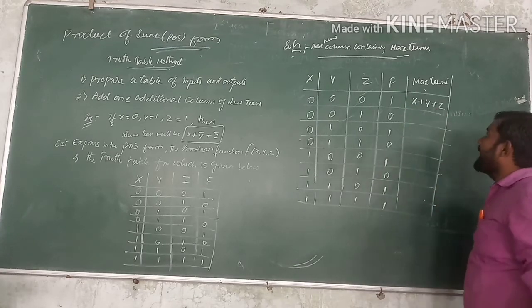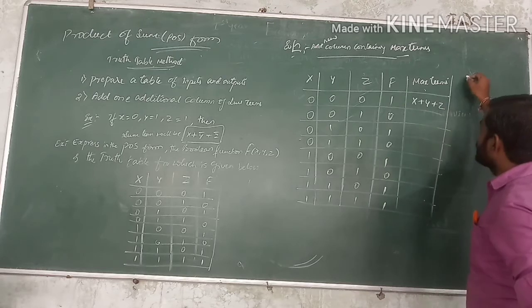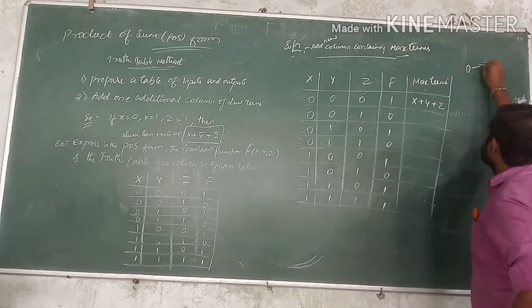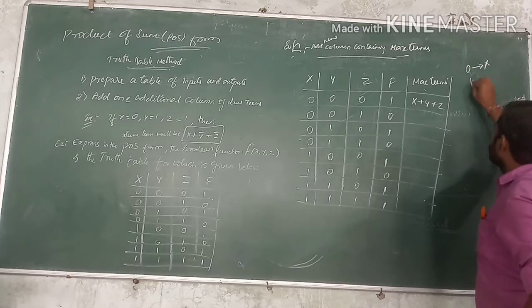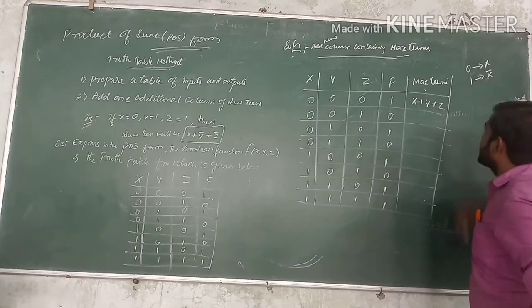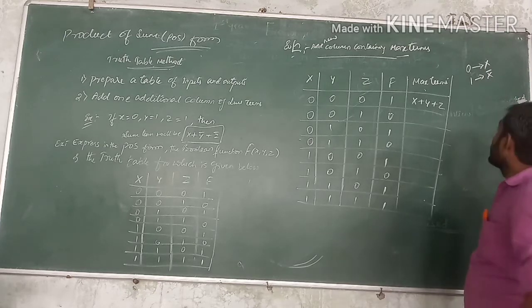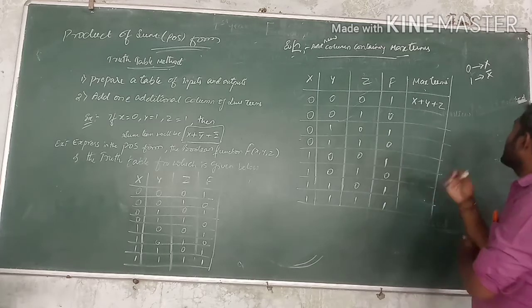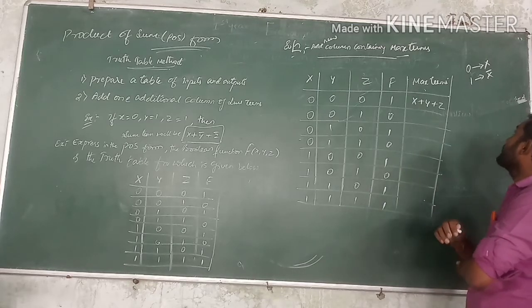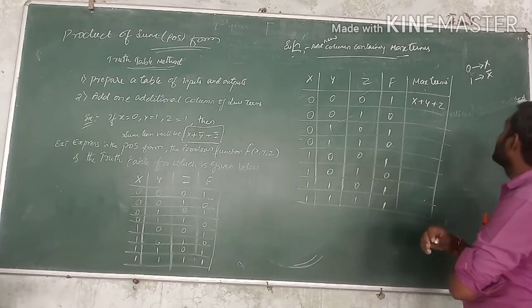When you go with these max terms, how do we generate the max term? You should be clear that wherever there is a 0, you use only x, and wherever we have a 1, make it x complement. Wherever the 0, we use x, and wherever we have a 1, we use the complement.